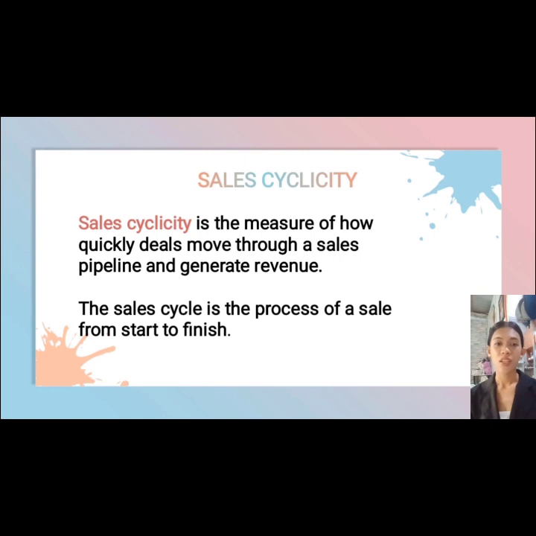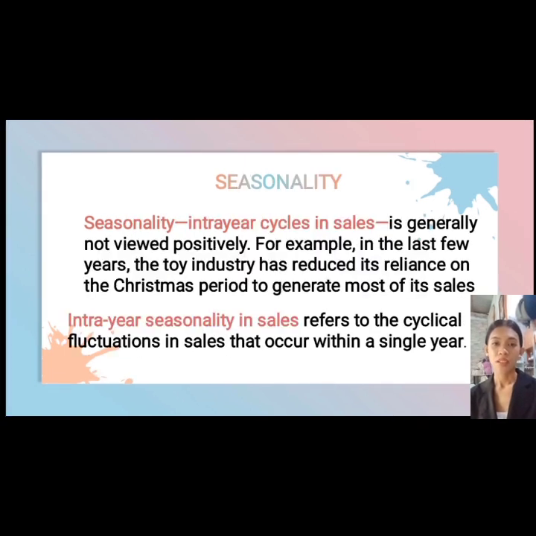Next is seasonality. Seasonality refers to the predictable changes that occur over a one-year period in a business or economy based on the seasons, including calendar or commercial seasons. Seasonality can be used to help analyze stock and economic trends. Seasonality, the intra-year cycle in sales, is generally not viewed positively.